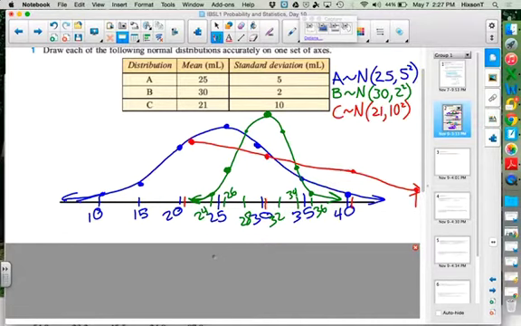Okay. Get a little bit of a bell shape to it. Okay. We should have made this one a little lower. There we go.